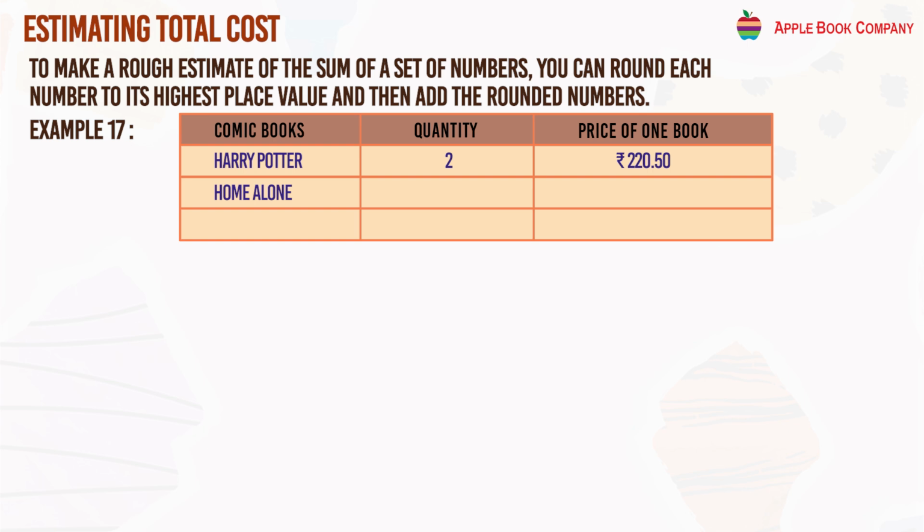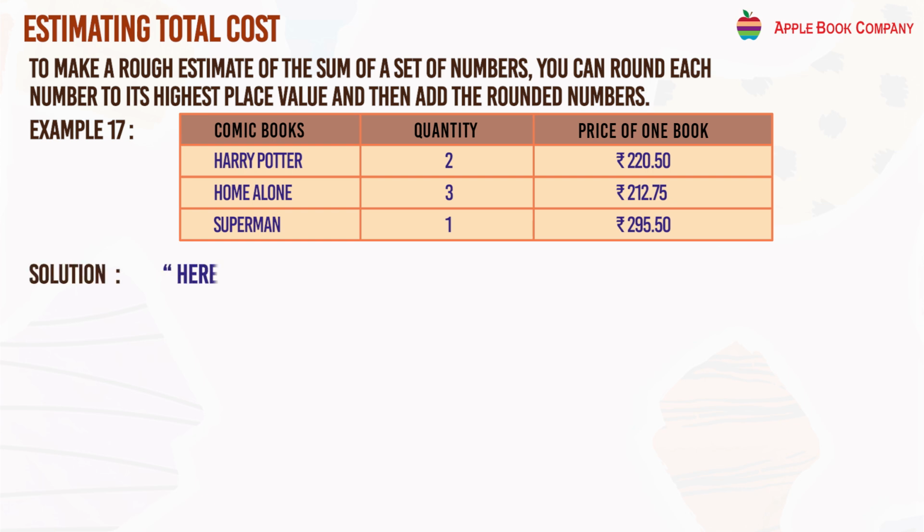Home Alone, quantity 3, price of 1 book, 212.75. Superman, quantity 1, price of 1 book, rupees 295.50. Estimate the total amount needed to purchase the above comic books.